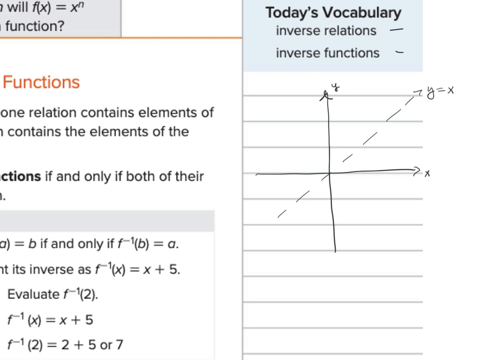For example, a general exponential function may look like this, and a general logarithmic function may look like this.